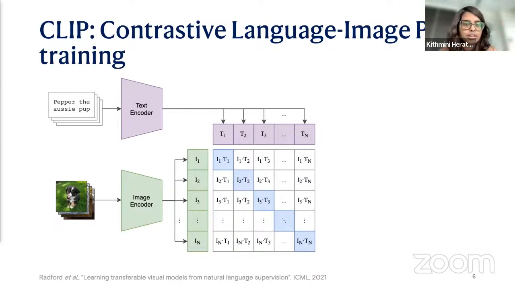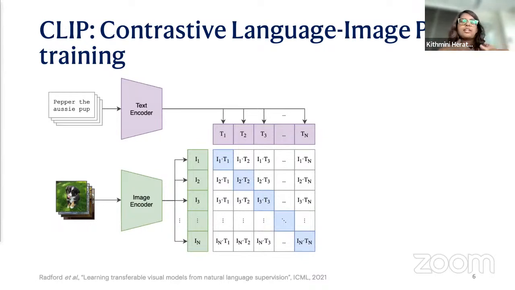And you have a separate image encoder and a text encoder, which would give you image embeddings and text embeddings. And you essentially try to maximize the cosine similarity between the correct image-text pair and minimize the cosine similarity between the incorrect pairs in the entire data set.